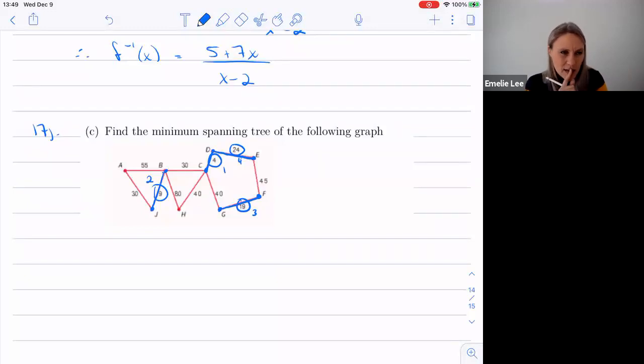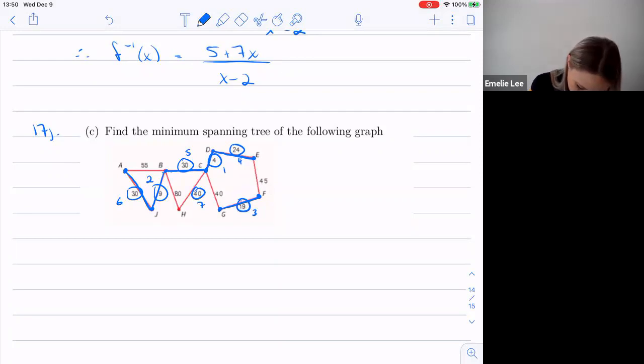And 24, what's my next one? There's two 30s. I'm going to end up using both of them, I think. 5, 6, and then 40, 7, we're getting there.